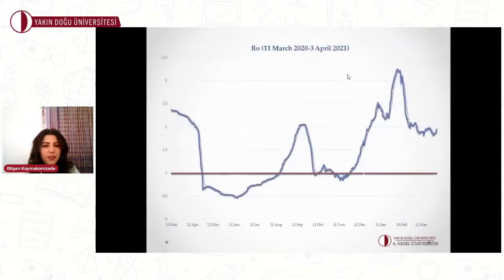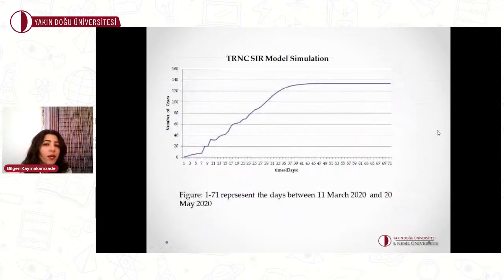Using this, from the beginning of the disease until today, we calculate R0 values. And nowadays, the R0 value for North Cyprus is around 1.9. So still we have a pandemic in our country.